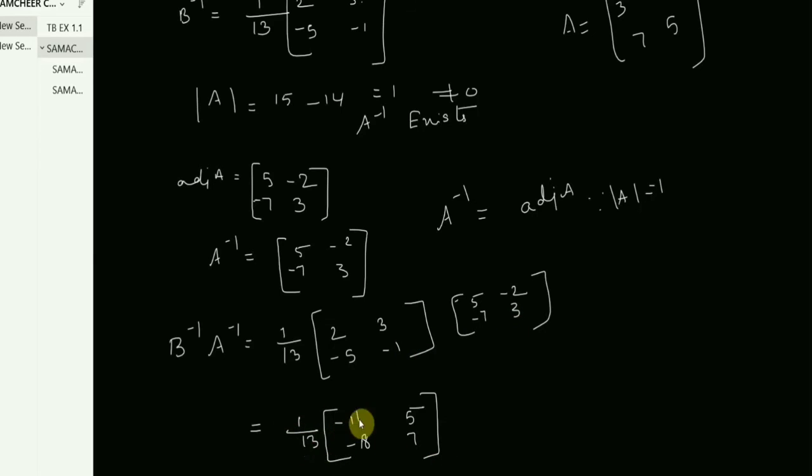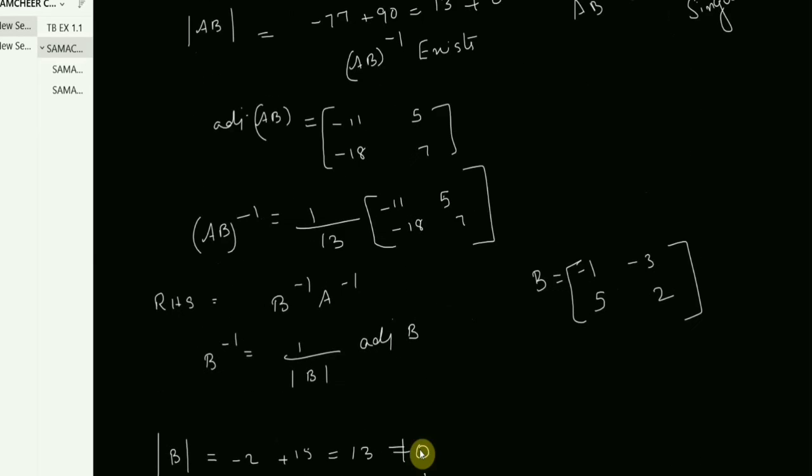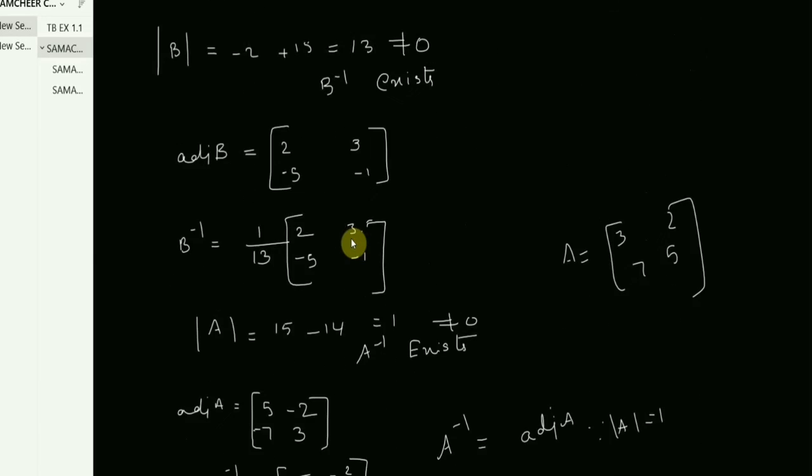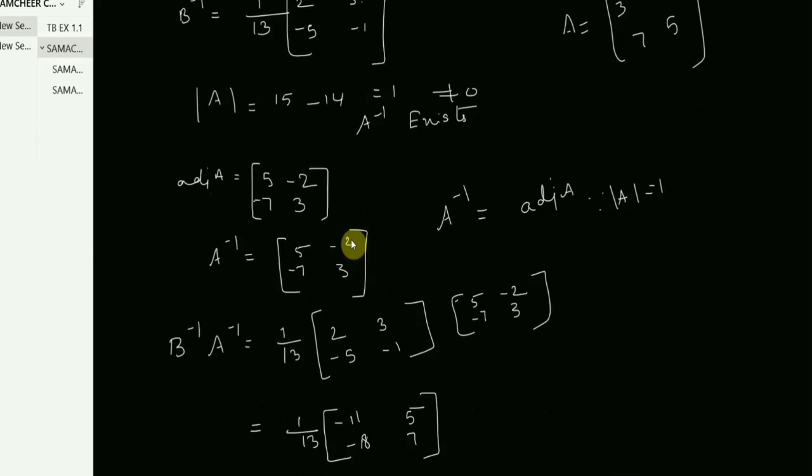So we got B inverse A inverse as 1 by 13, minus 11, 5, minus 18 and 7. Okay. So we have proved that LHS is equal to RHS, that is AB inverse is equal to B inverse into A inverse. That's hence proved.